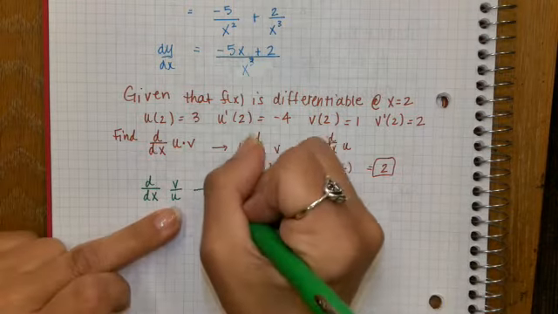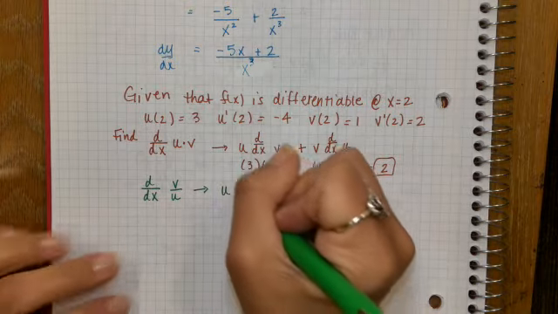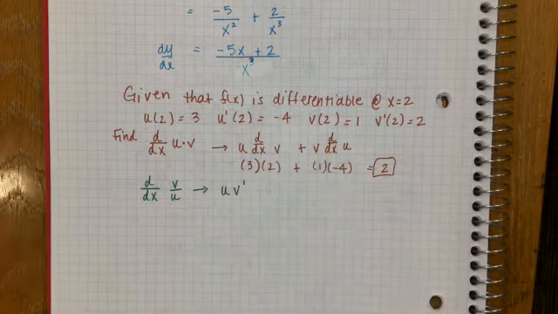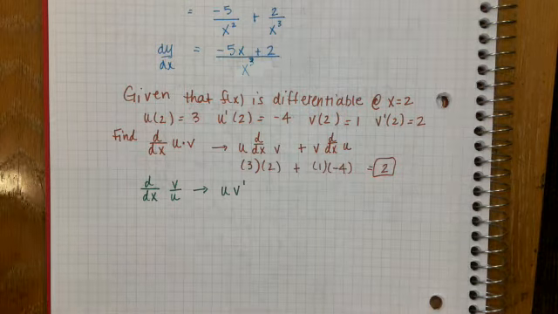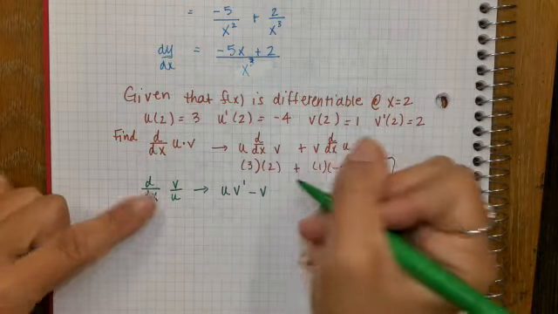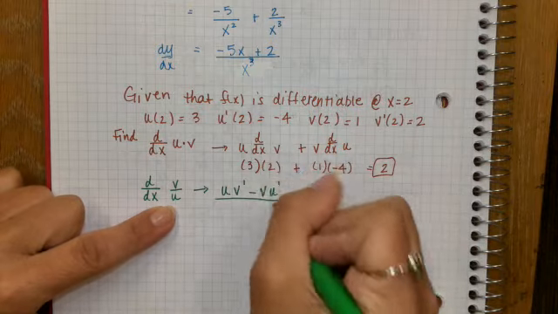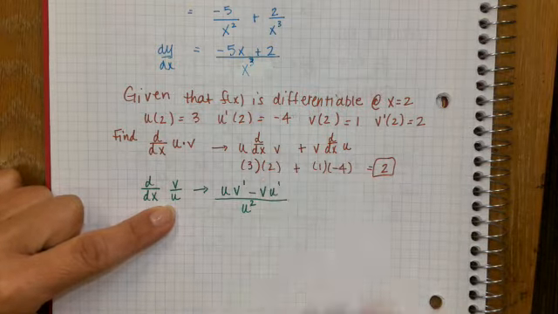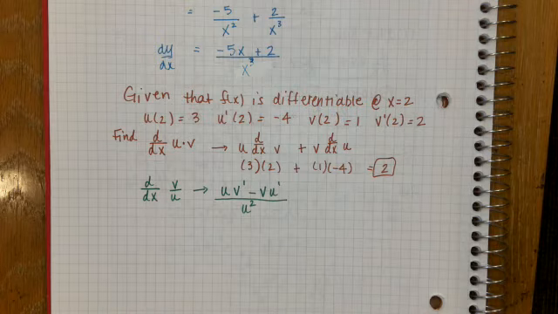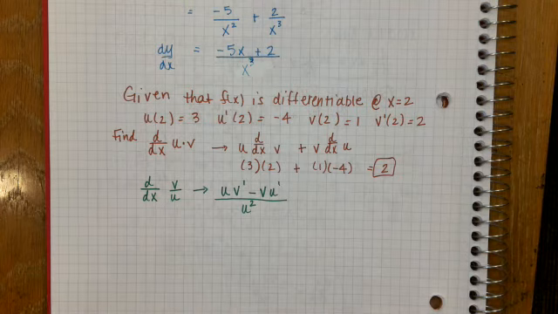This is going to be the denominator times the derivative of the numerator minus the numerator times the derivative of the denominator all over the denominator squared. The quotient property says denominator times derivative of numerator minus numerator times derivative of denominator all over denominator squared. Say that 10 times fast.